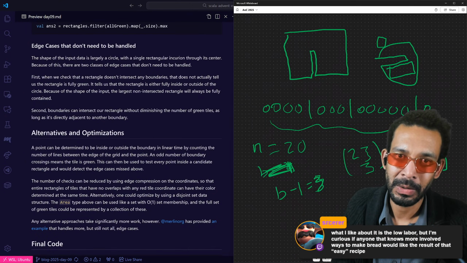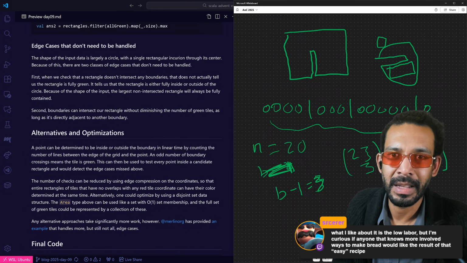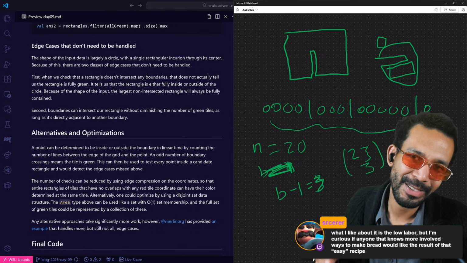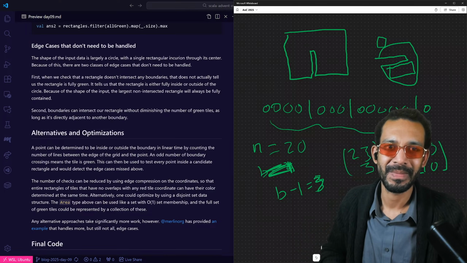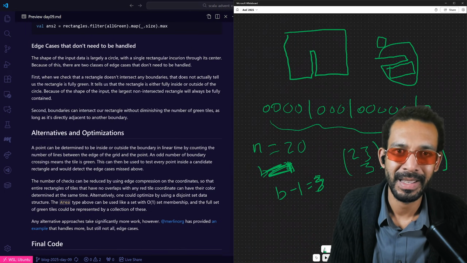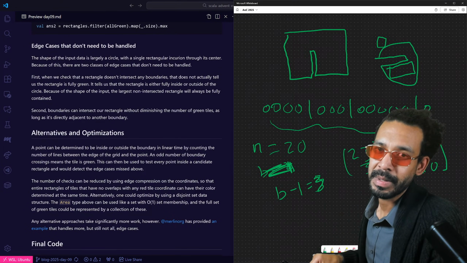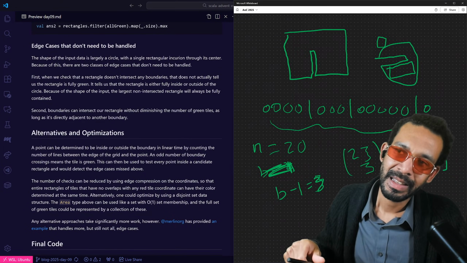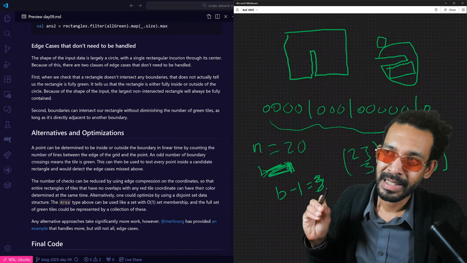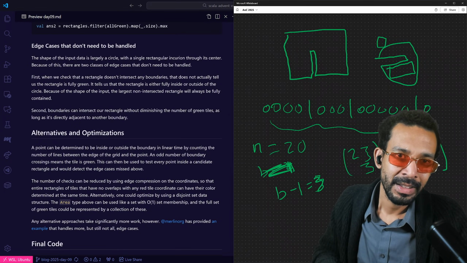What you like about this is the low labor, but you're curious if anyone knows more involved ways to make bread. Oh, you're talking about the bread recipe. Can make it a serious recipe, or would like the result of the easy recipe. I like that it is 24 hours and that you give it time to ferment.